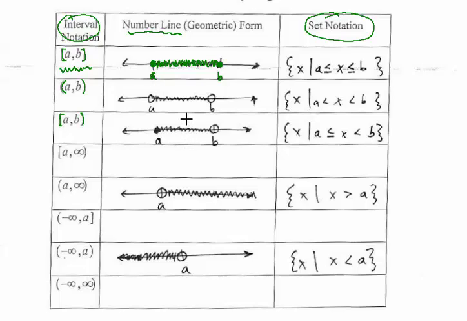Okay. For set notation, one thing you want to notice is that you always start out set notation with the name of the numbers, x, and a bracket and a bar. So squiggly bracket, the variable, and a vertical bar. And then on the end of each set notation, we end it with a closed squiggly bracket. So this feature is a part of every set notation.